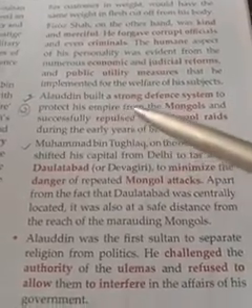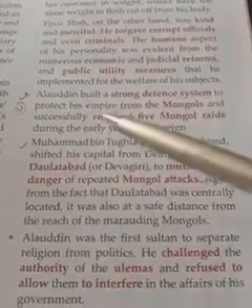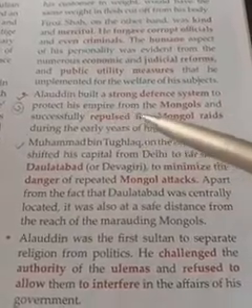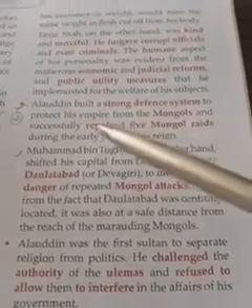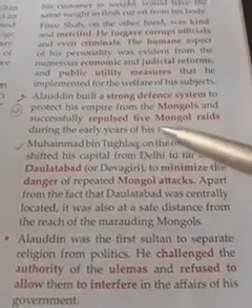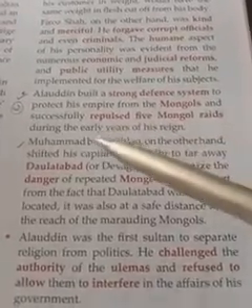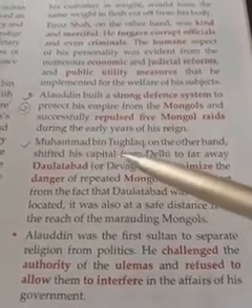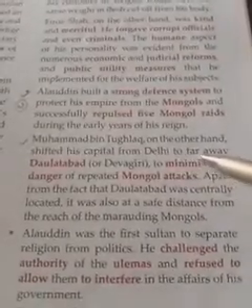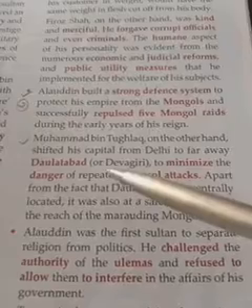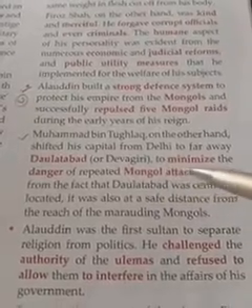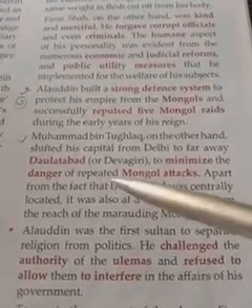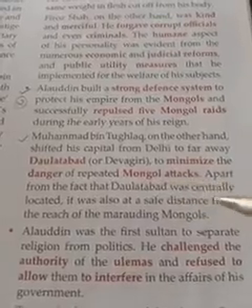Alauddin built a strong defense system to protect his empire from the Mongols and successfully repulsed 5 Mongol raids during the early years of his reign. Muhammad bin Tughlaq, on the other hand, shifted his capital from Delhi to far away Daulatabad or Devagiri to minimize the danger of repeated Mongol attacks.